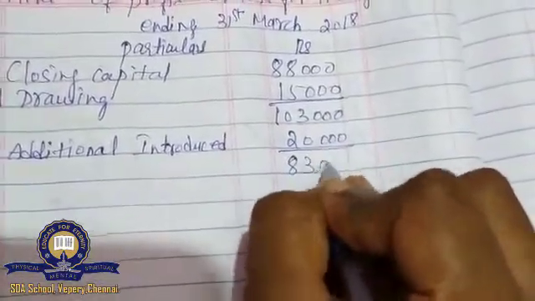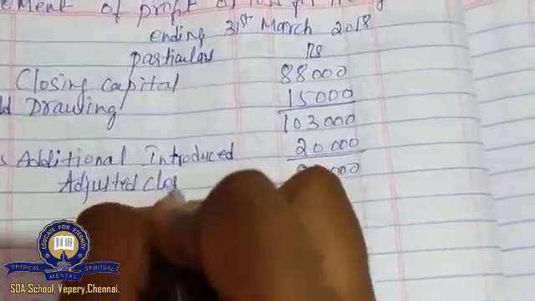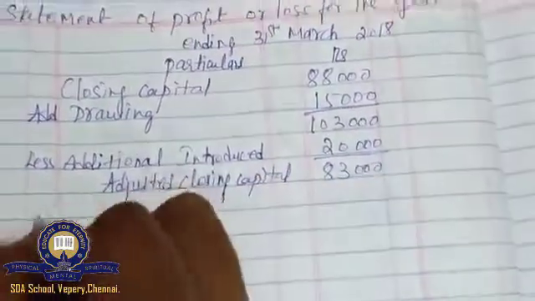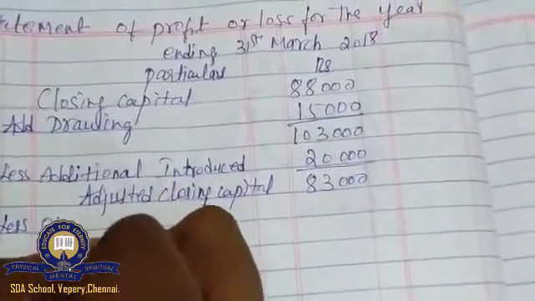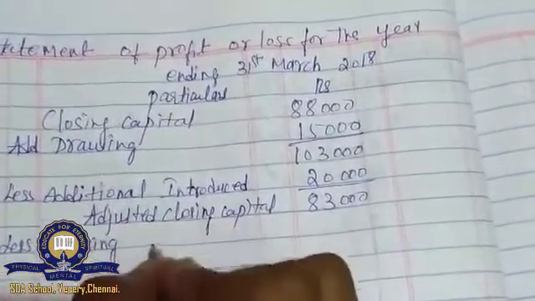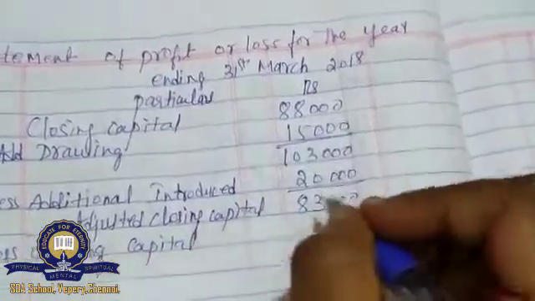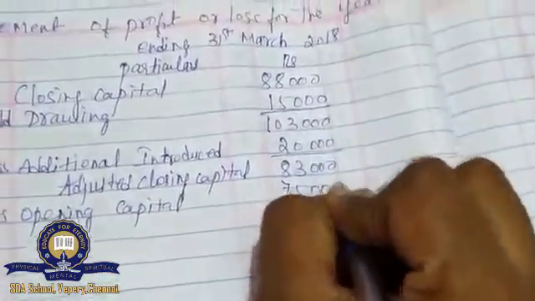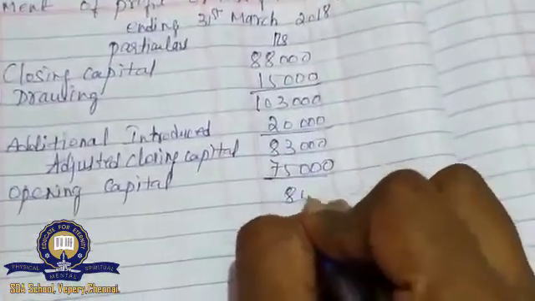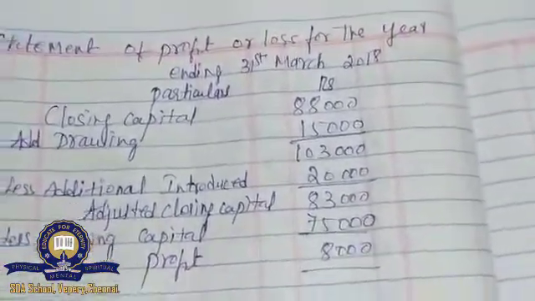You will be getting 83,000. That is the adjusted closing capital. Then less opening capital. Ganesh introduced a capital of rupees 75,000. That is the opening capital. So if you minus, you will be getting 8,000. So that is profit.